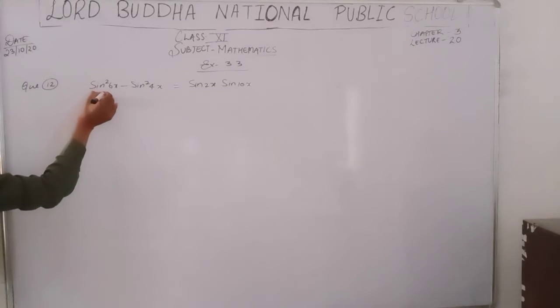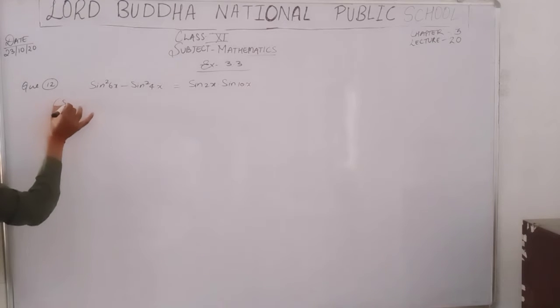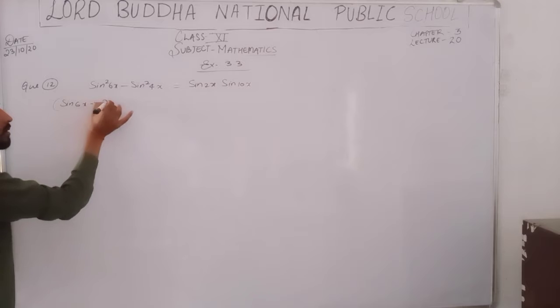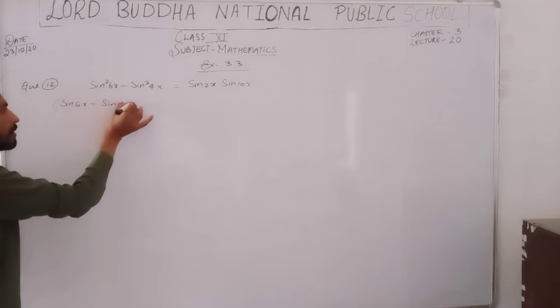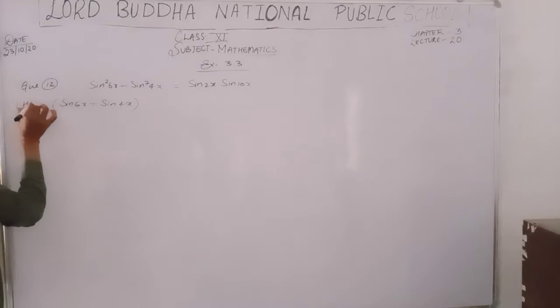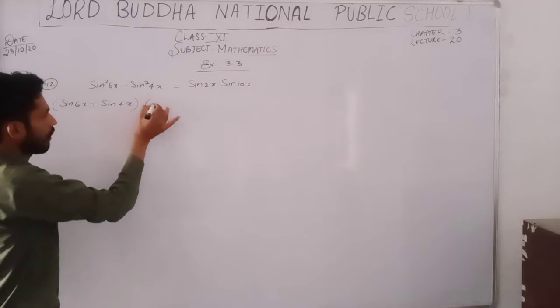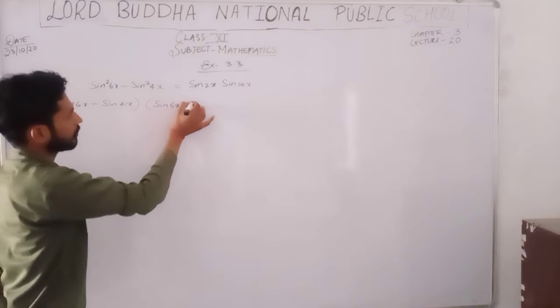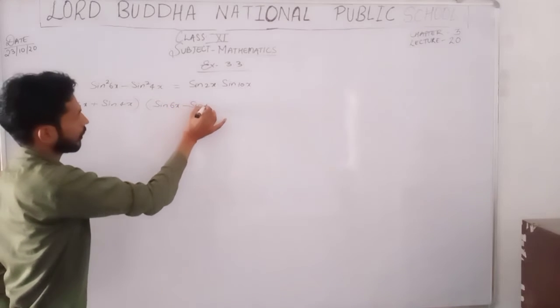So we can separate it as sin 6x plus sin 4x in the first bracket, and in the second bracket sin 6x minus sin 4x.